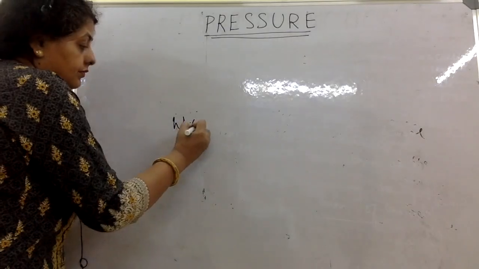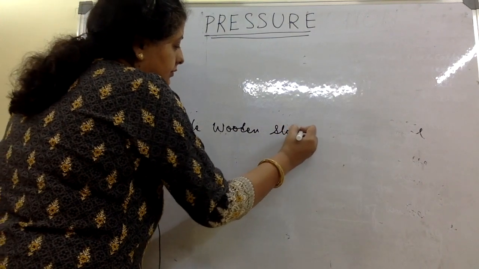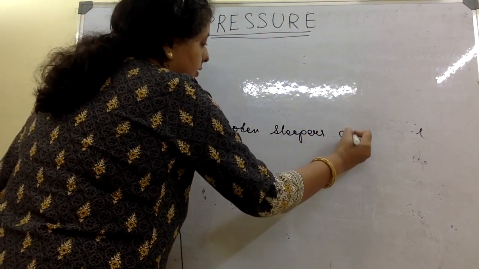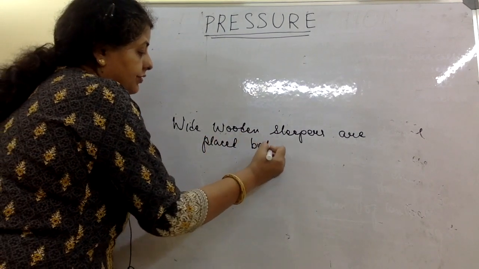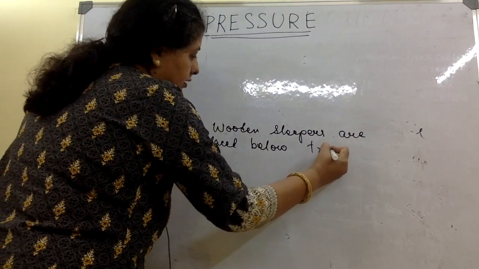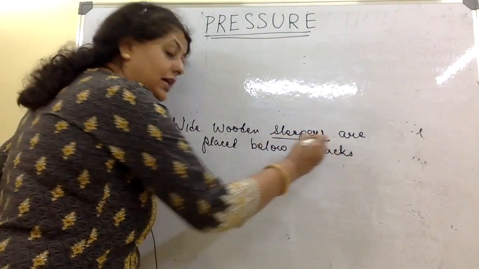Let's see more. Why are wide wooden sleepers placed below tracks? Okay, below railway tracks. So what are wooden sleepers? Now you have seen it.